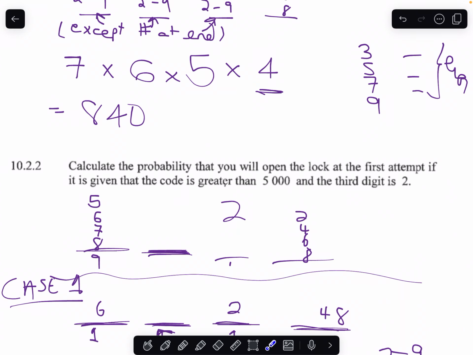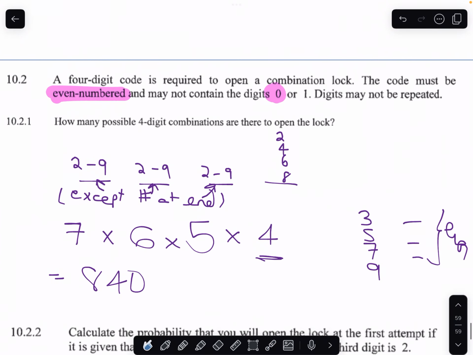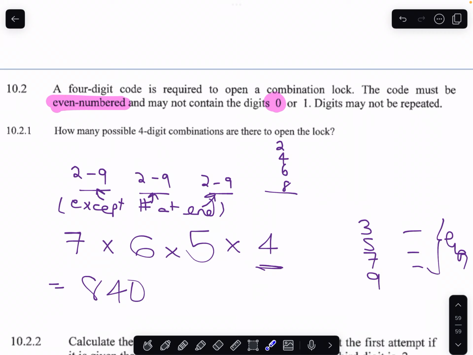because only one of them can be right. And one could even argue, how much information do I have as a person trying to open this lock? Do I even know that the code must be even numbered and may not contain the digit 1, and digits may not be repeated? Because otherwise the sample space of combinations that could be tried... I'm opening another can of worms now.